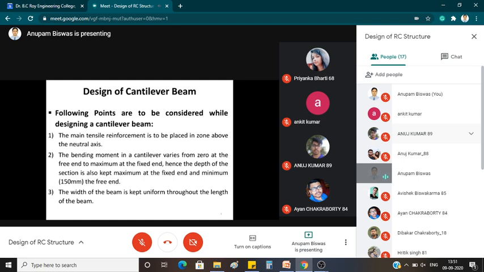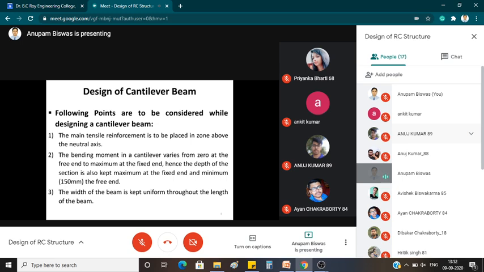Next point is that the depth of the beam can be varied. Why? Because the bending moment varies with the span. So we can have a larger maximum depth at the fixed end and reduce it gradually up to the free end.